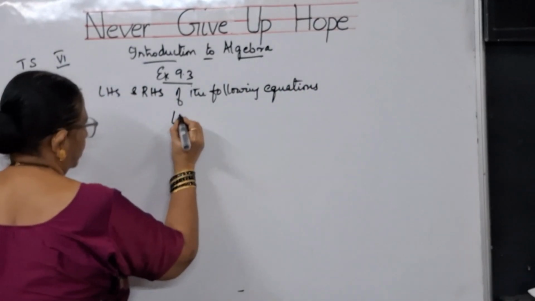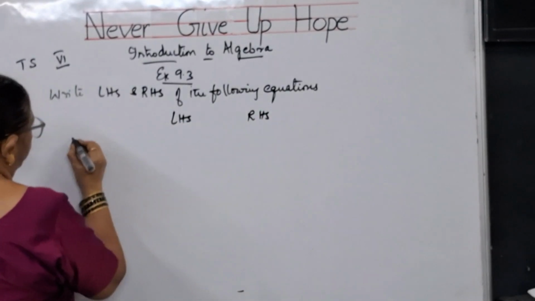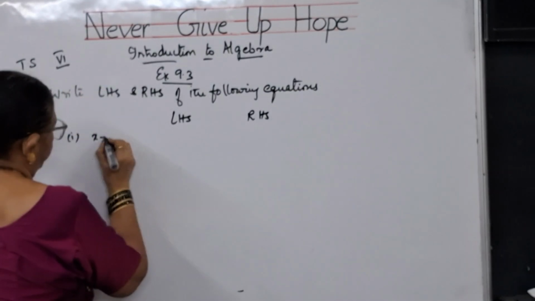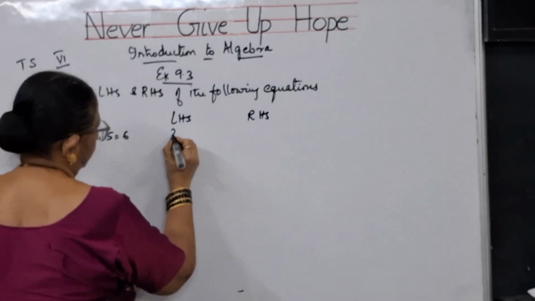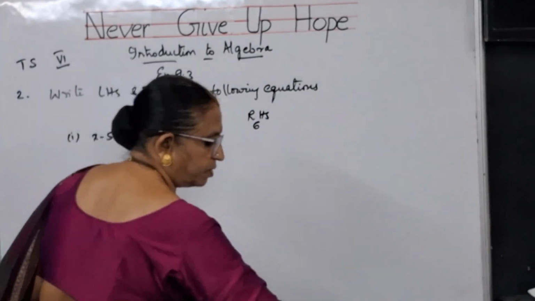So, I'll write LHS here, RHS here. One by one we'll see. First one, x minus 5 is equal to 6. LHS x minus 5, RHS is 6.